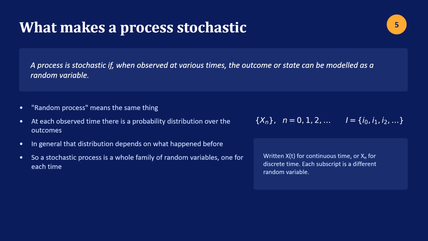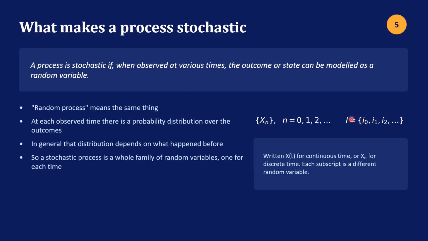I have two different notations here for a random process or stochastic process. One is when we have a discrete process and it's labeled with an N. So there's a discrete number of random variables, I should say. And at each time interval, the random variable x sub n can be in any one of these states.